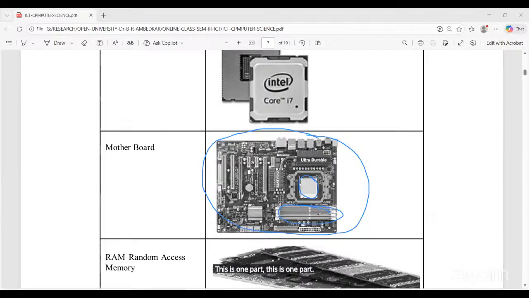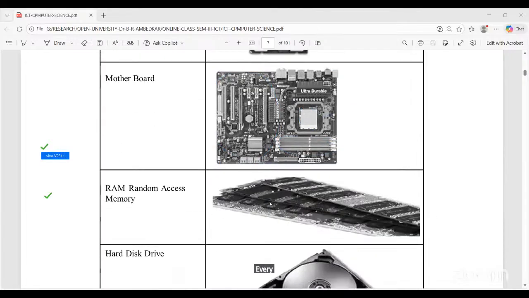Okay, this is a RAM slot. This is a processor slot. So there are so many components. If you're really interested, you can check the motherboard. There are so many parts there. Each and every part has its own job. They perform one task, one activity.